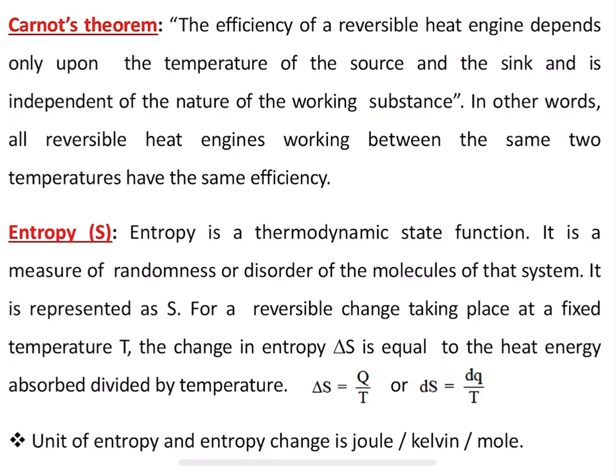In step 1, the expansion of the ideal gas takes place isothermally, and in step 2, the expansion of the ideal gas takes place in adiabatic condition. In step 3, the compression of the ideal gas takes place in isothermal condition, and in step 4, the compression of the ideal gas is carried out in an adiabatic process.